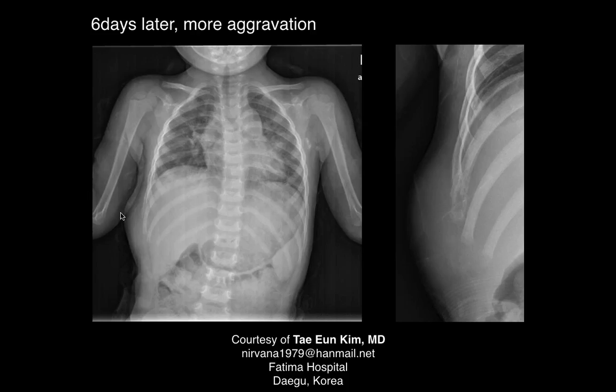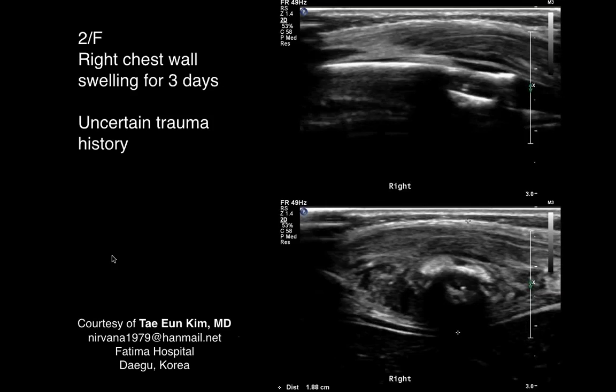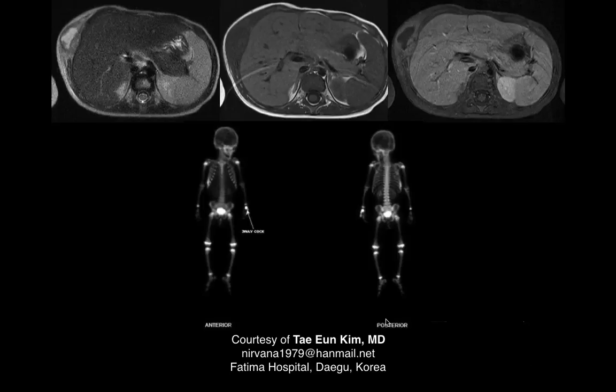So this is the area we're interested in. It looks like we're on a sagittal view and an axial view, and there's some kind of heterogeneous echogenic material, maybe calcification of some sort, within the musculature.